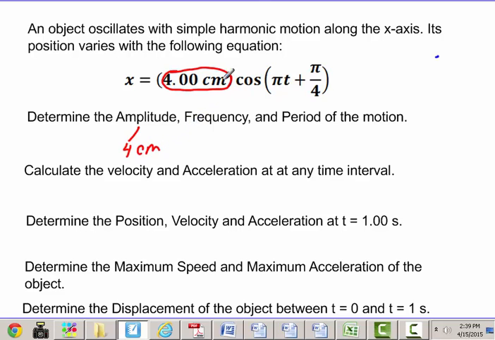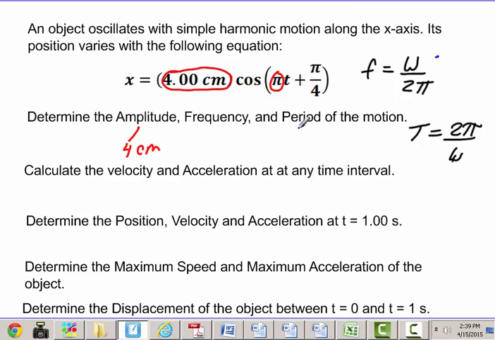Okay, now to find your frequency, you can go back and say that frequency is equal to omega over 2 pi. Now, typically, what I do is just remember that period is always equal to 2 pi divided by omega. I usually do period first, and then just invert that to get your frequency. Now, omega is going to be this value right here. That's your angular frequency.